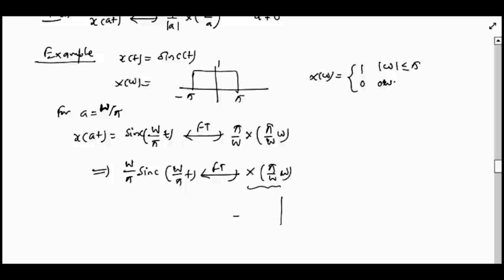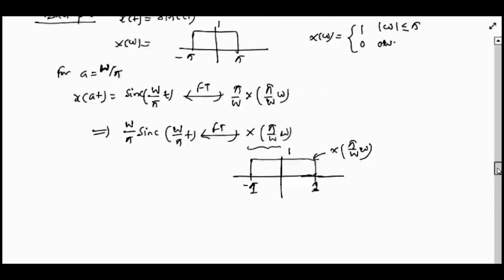If we see this signal, this is again a pulse signal, but between minus 1 and 1. So this is a signal that takes value 1 between minus 1 and 1, and it's 0 otherwise.